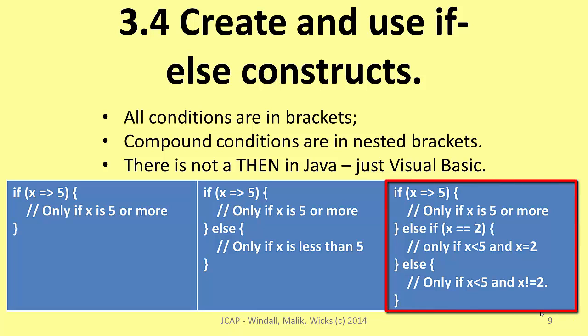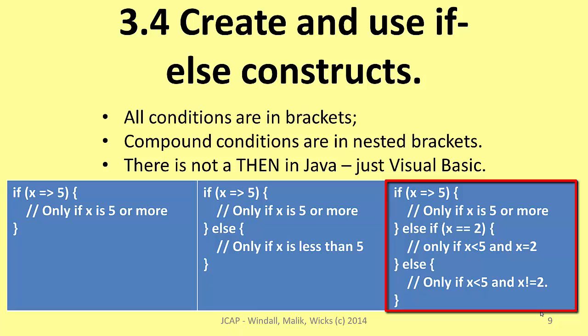And finally, the right-hand column. That's using an if, else if, else. This gets a little more complicated. If x is greater than or equal to 5, what's between those curly brackets will only happen if x is more than 5. But if x isn't more than 5, we can have other else-ifs.